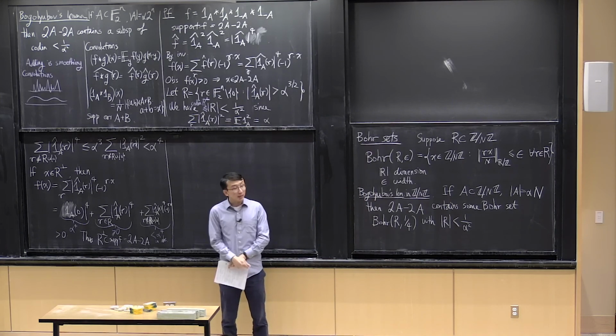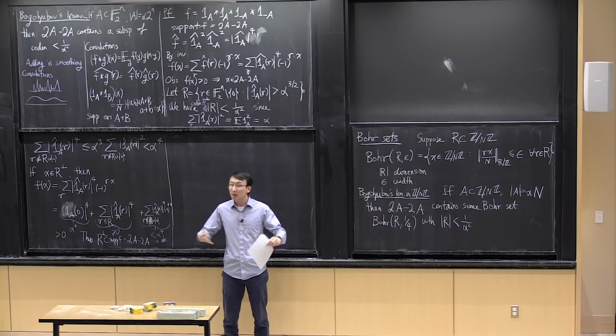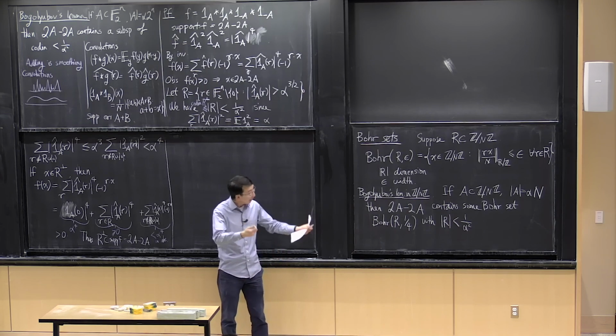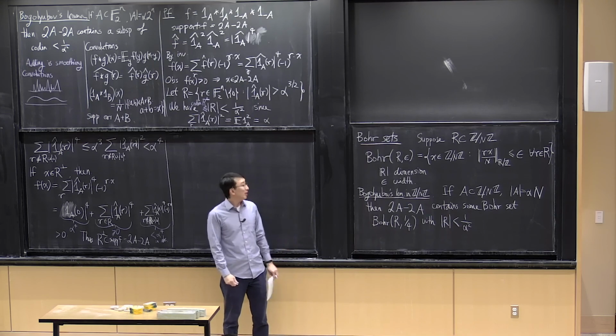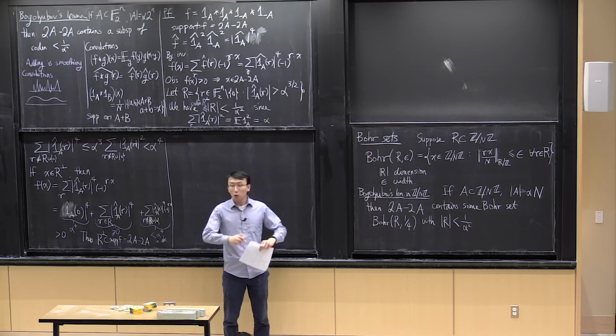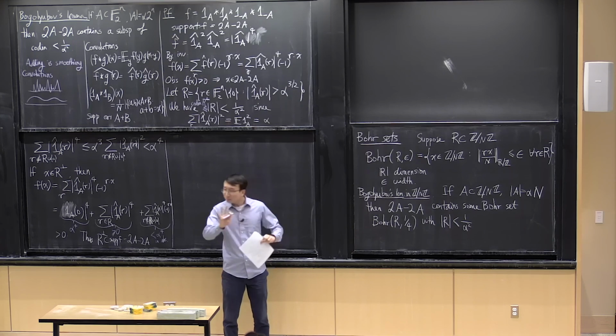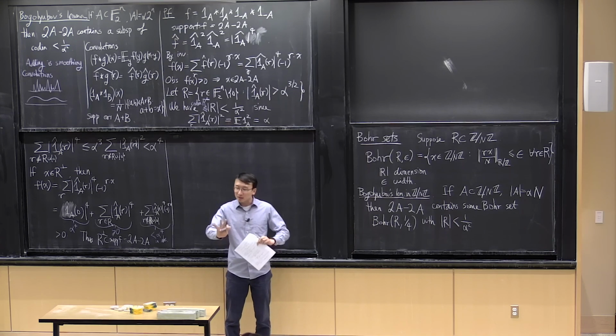Okay, so earlier we said that if you have a large subset of F2 to the n, then 2A minus 2A contains a large subspace. And now we say that if A is a large subset of the cyclic group, then 2A minus 2A contains a large Bohr set of small dimension. So this terminology may be slightly confusing.